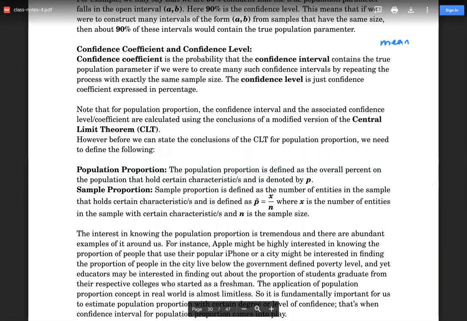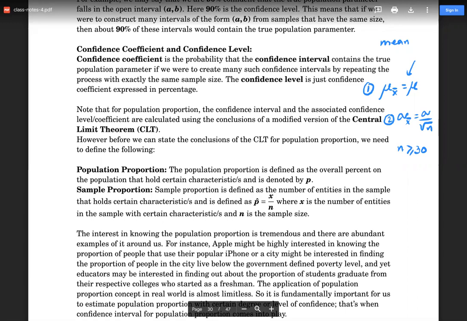Remember, our conclusion was mu sub x bar is equal to mu, and number 2, sigma sub x bar is equal to sigma over square root of n, given that n is greater than or equal to 30. These conclusions are for the population mean and population standard deviation.